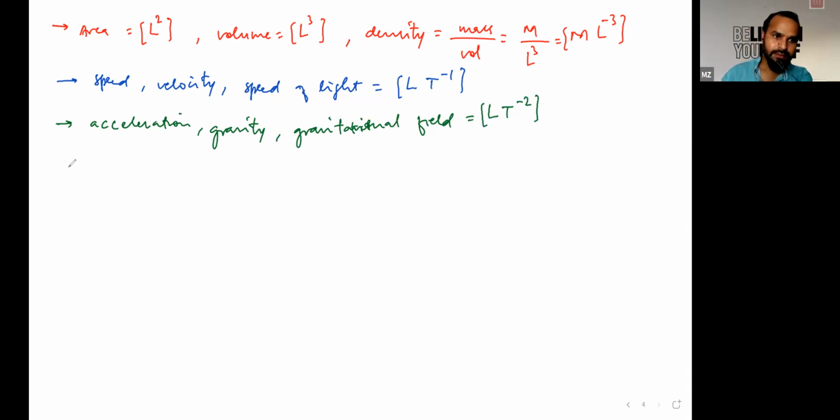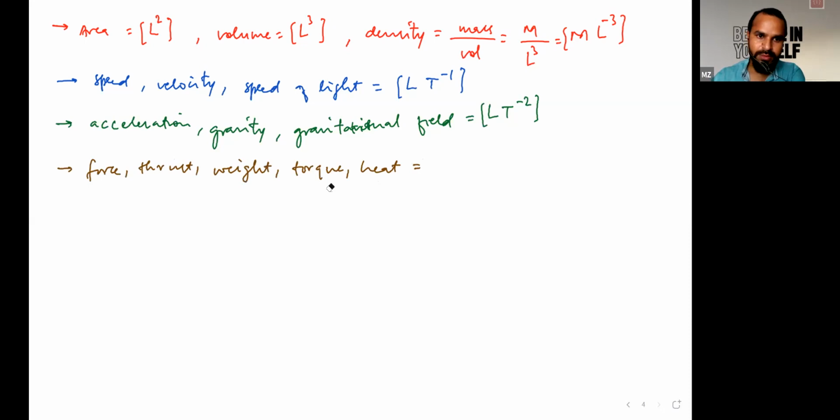Next, force, thrust, weight, tension and normal reaction. These all represent the same as force.